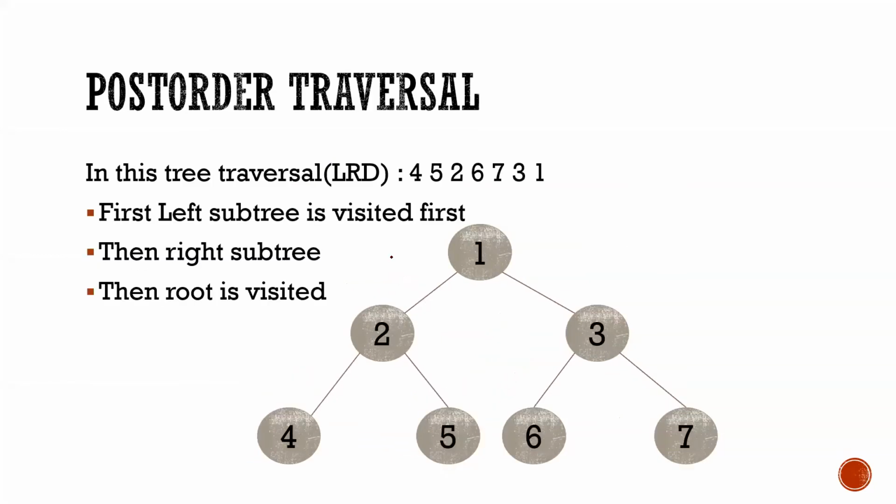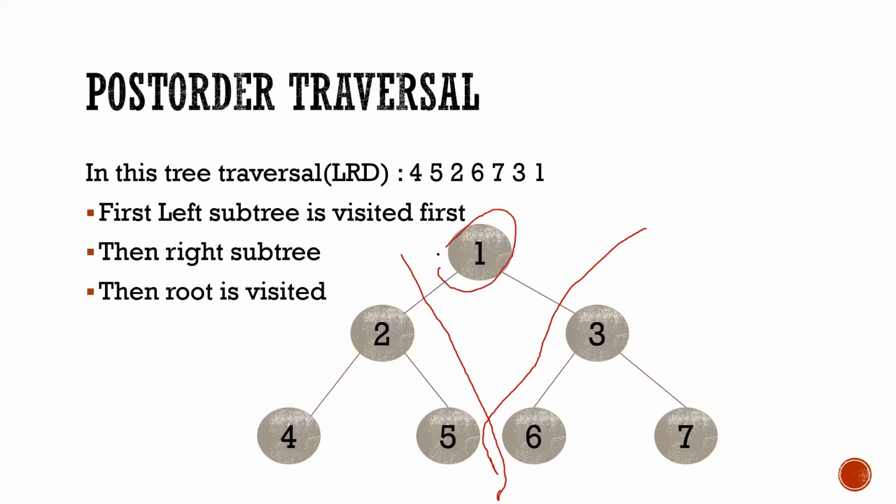In the post-order traversal, first the left subtree is visited, that is this one, then the right subtree, and after that the data part.